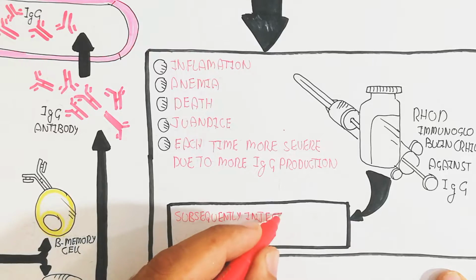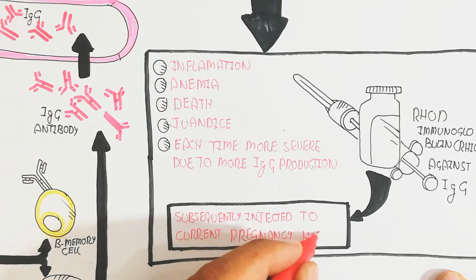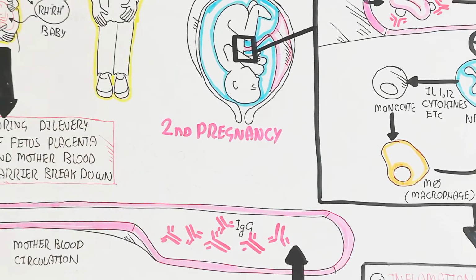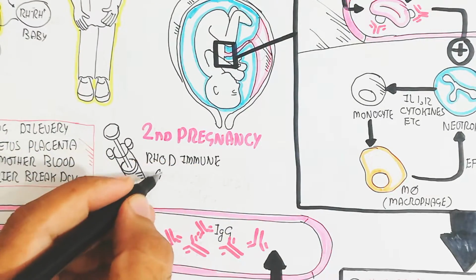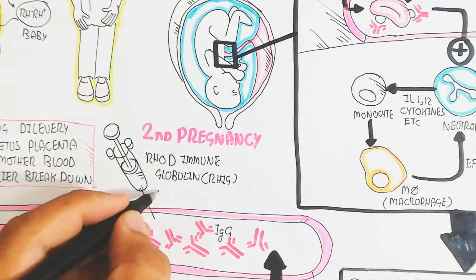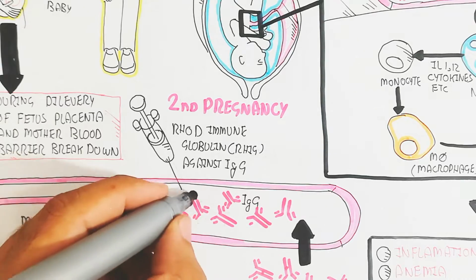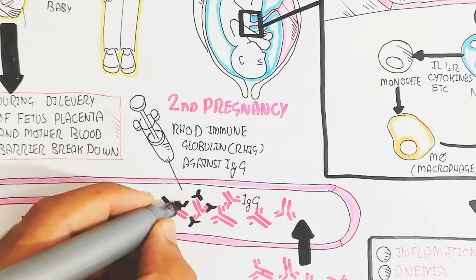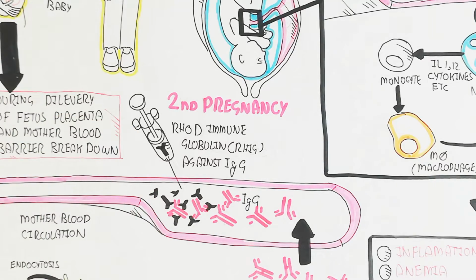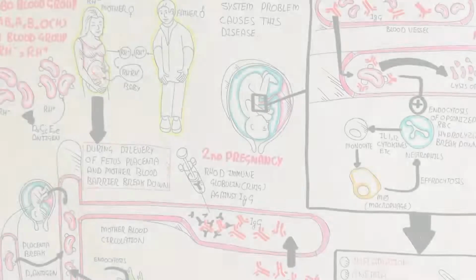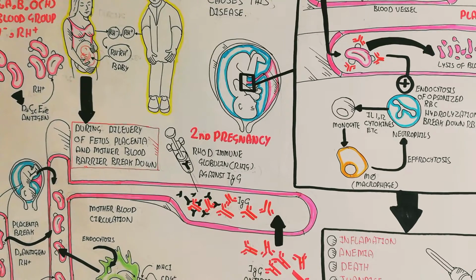It is injected in the current pregnancy. When this is injected, it neutralizes the IgG antibodies that are already present. In this way, we can prevent erythroblastosis fetalis.